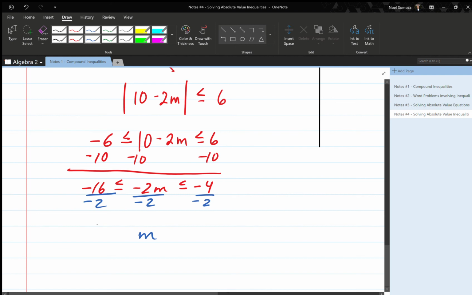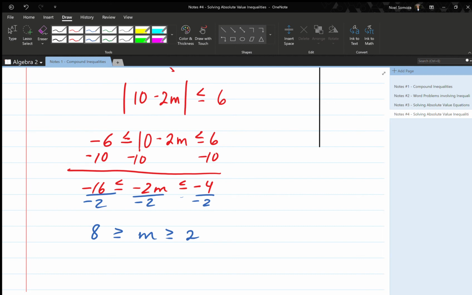This will be 8. This will be 2. This should flip, so now pointing in the other direction. So now we have m is greater than or equal to 2 and less than or equal to 8. Okay. So let's graph it.